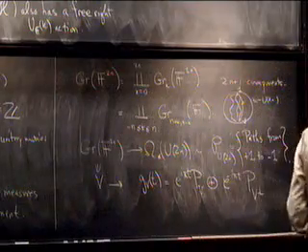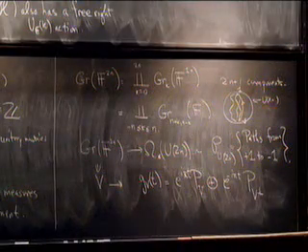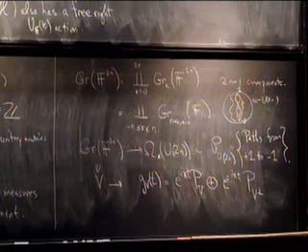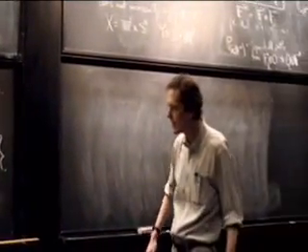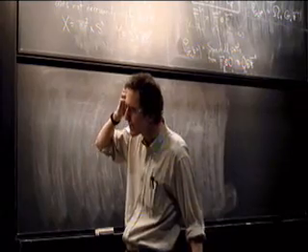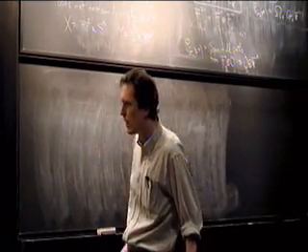Let's for fun calculate its winding number. Let me let you do that to make sure you're still following. So can anybody do that? What would the winding number be?